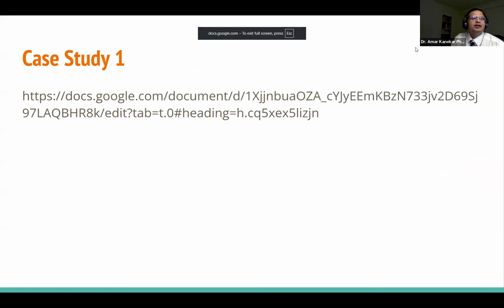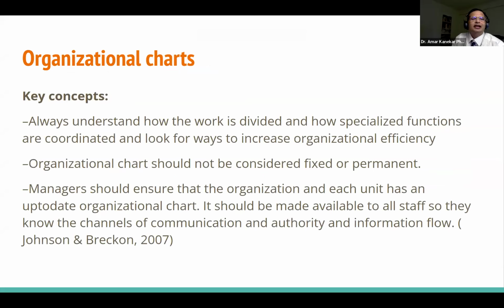Yeah, so that was case study 1, and the second one is about organizational charts. This is another topic where we talk about how the work is divided, how specialized functions are coordinated, and look for ways to increase organizational efficiency, and then how the chart is important, how it is used by managers in health organizations, and how they can be used basically to increase the efficiency.